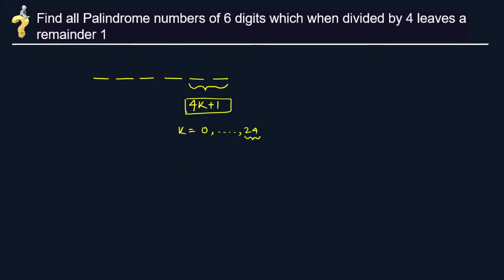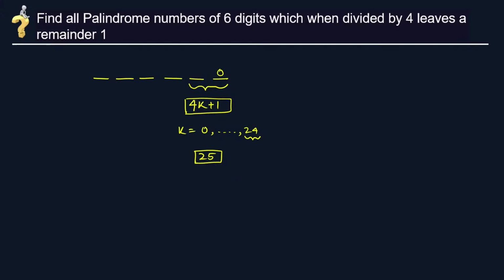So how many such numbers are there here? 25 such numbers are there. Now, by any chance, will the last digit become 0 for the form 4k plus 1?